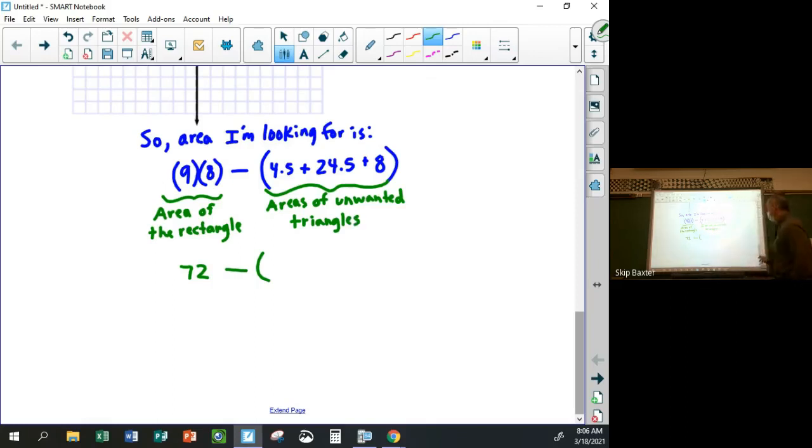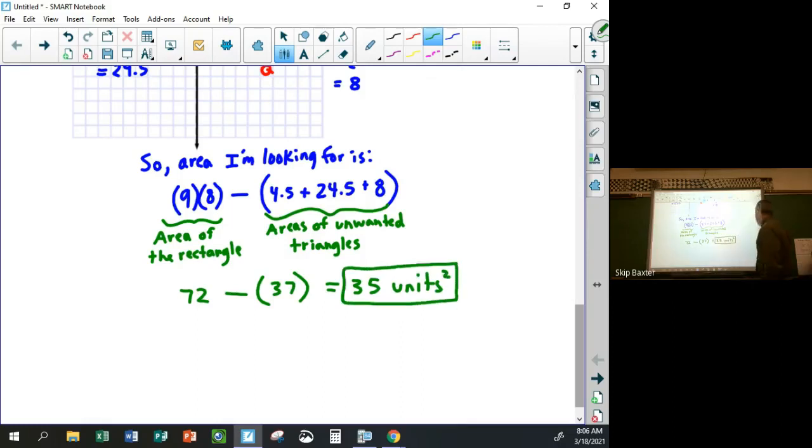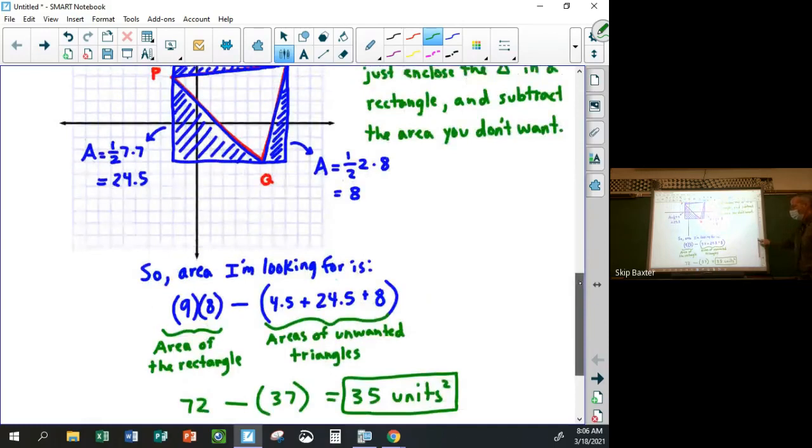Which, if I add them up, 24.5 plus 4.5 is 29. Plus 8 is 37, yeah. So 72 minus 37 would be 35. So that's the area of the triangle I was actually looking for, 35.